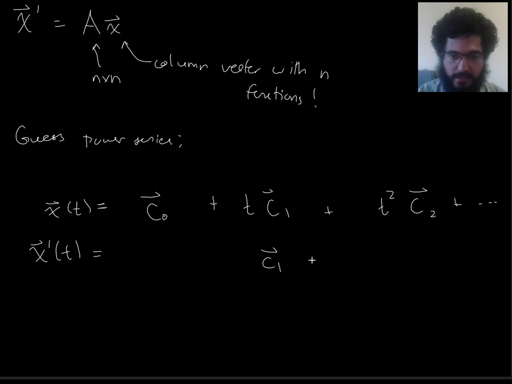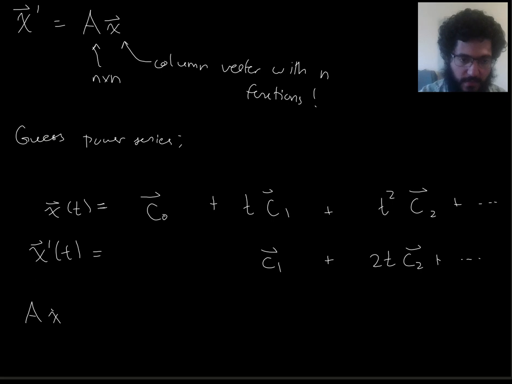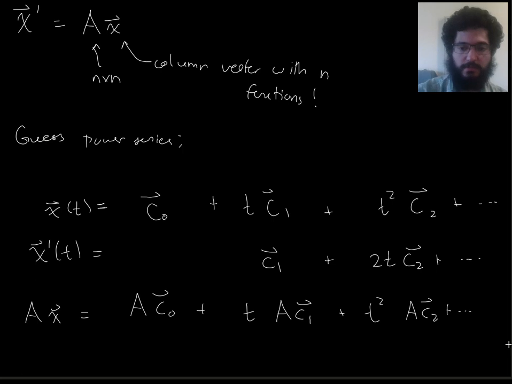Then here we'll get C1, here we'll get 2t C2, and so on. And then on the right side, AX, that will be A C0. The A just distributes. And you can pull the t out if you want. So A C1, A C2, and so on.